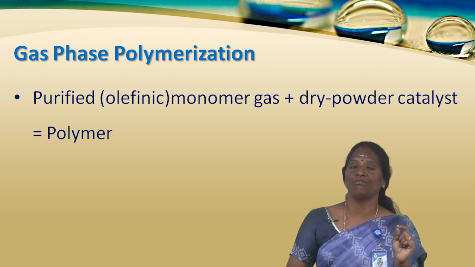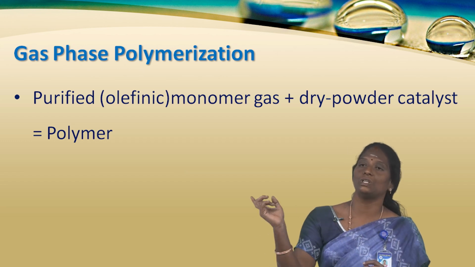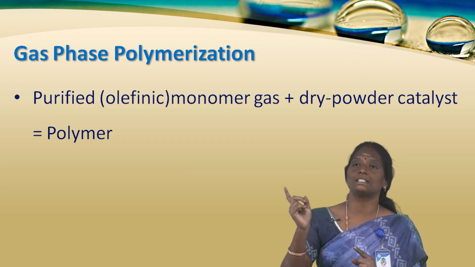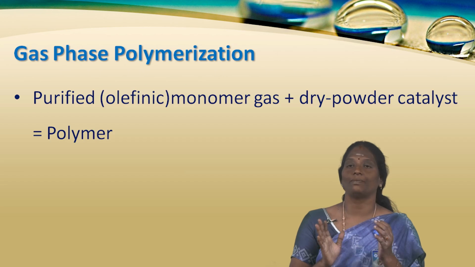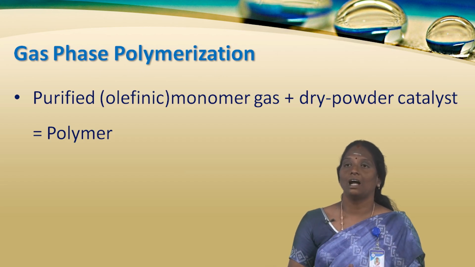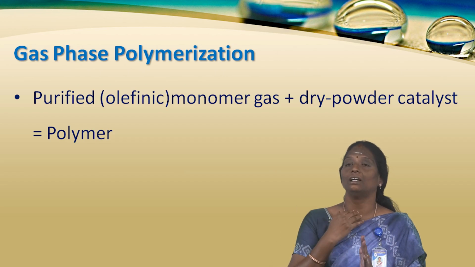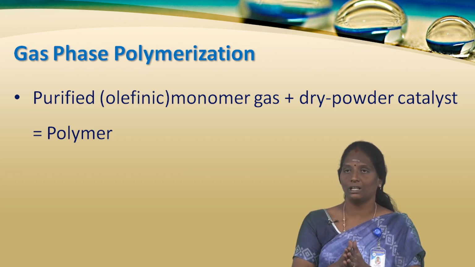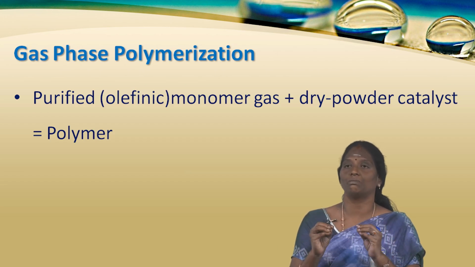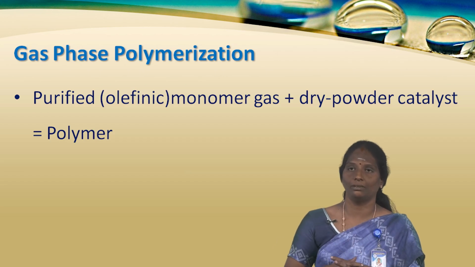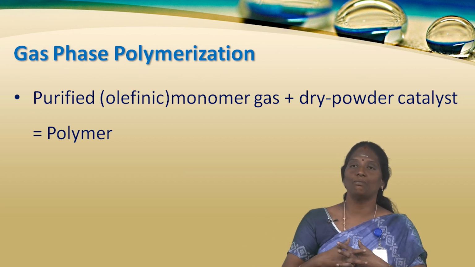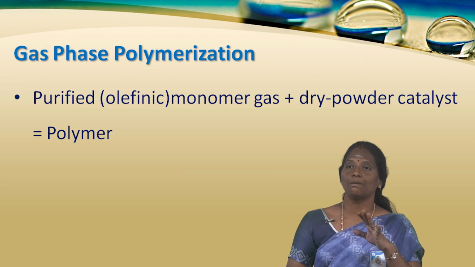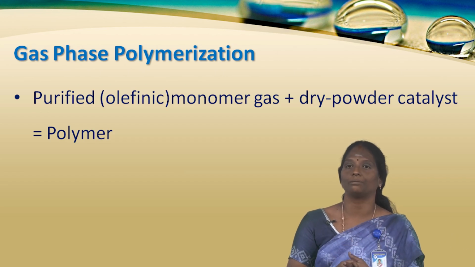A highly purified monomer gas is continuously fed into the fluidized bed reactor and combined with a dry powder catalyst. Polymerization occurs at the interface between the catalyst and the polymer particles, which are swollen with monomer during polymerization. The growing polymer particles move downwards and are continuously removed at the bottom of the reactor and separated from residual monomer.